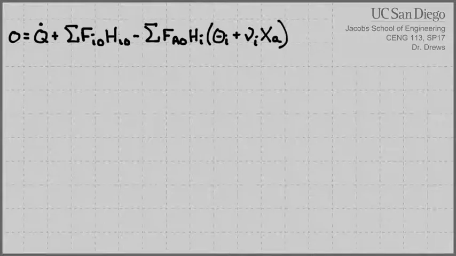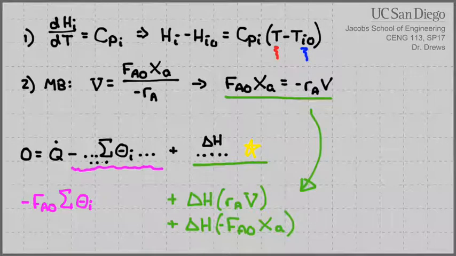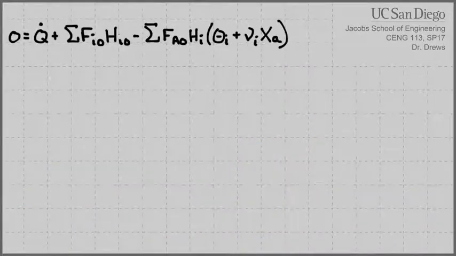So a couple of terms are going to get lumped around here. Just to make sure the colors match, I'm going to flip back. So our enthalpy terms, in terms of reaction, are going to come from this term, our HIs times our XAs times our stoichiometric coefficient.